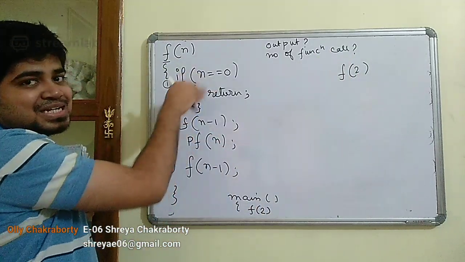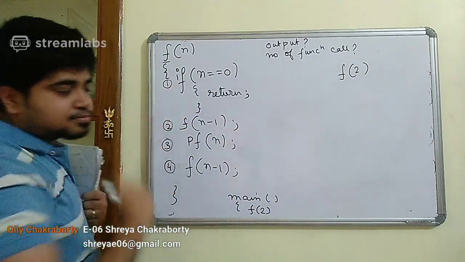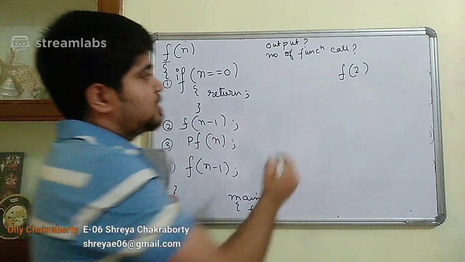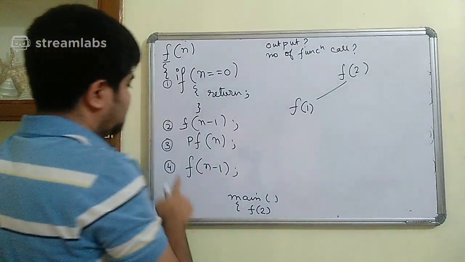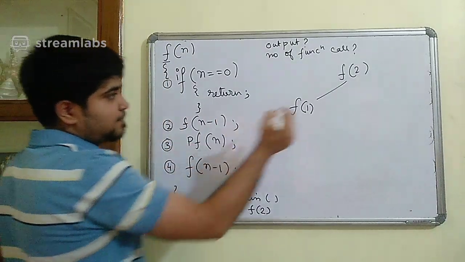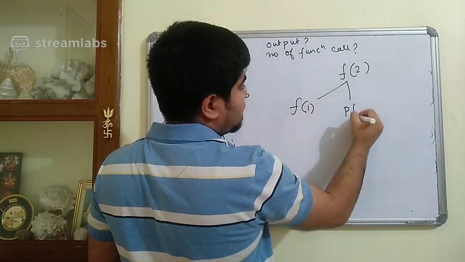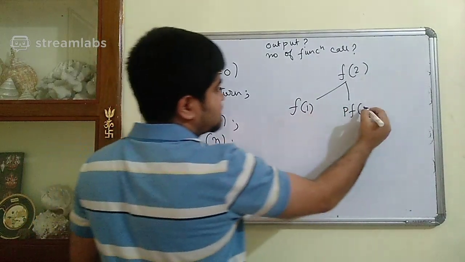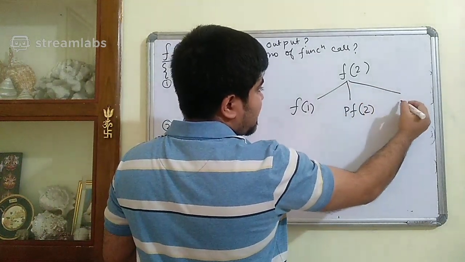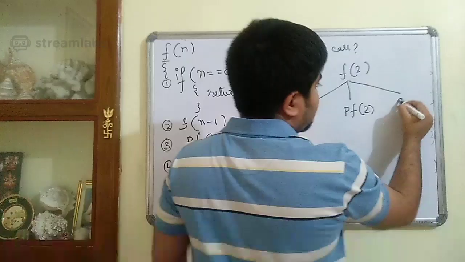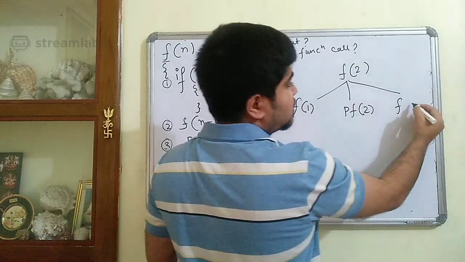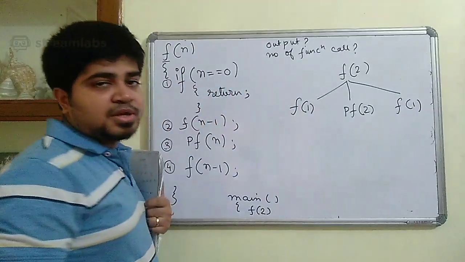So it won't enter this. It goes here, f of n minus 1, which is f of 1. The third line is printing. So it is printing n, which is actually 2, and then calling again f of n minus 1. Right?